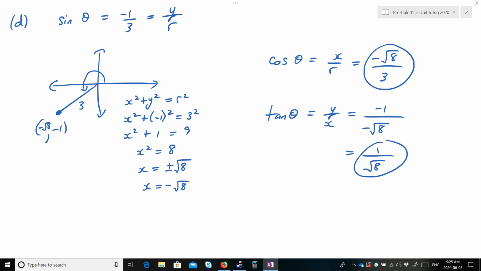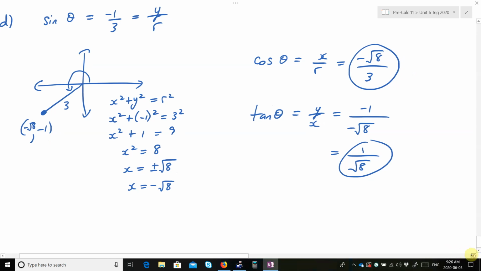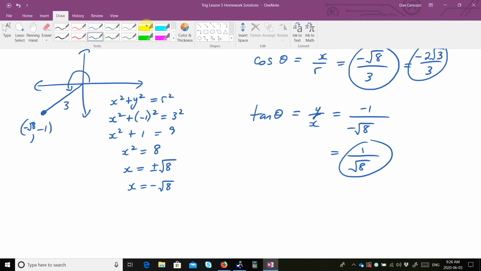Okay, and I'm just noticing in the answer key that they actually simplified root 8 into root 4 times root 2, which is where they're getting -2 root 2 over 3 from.